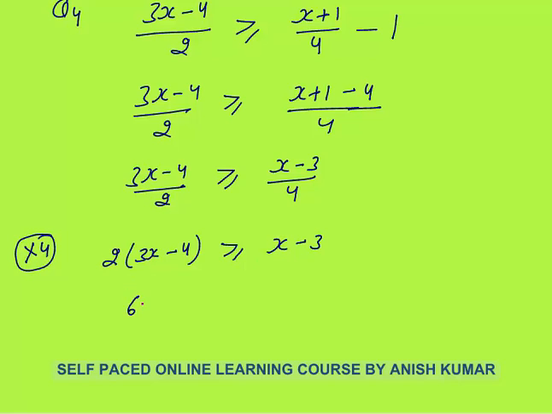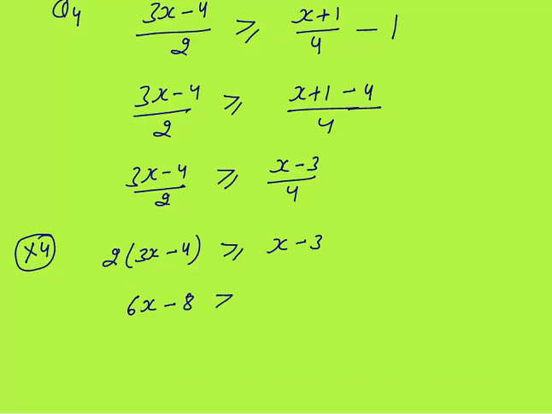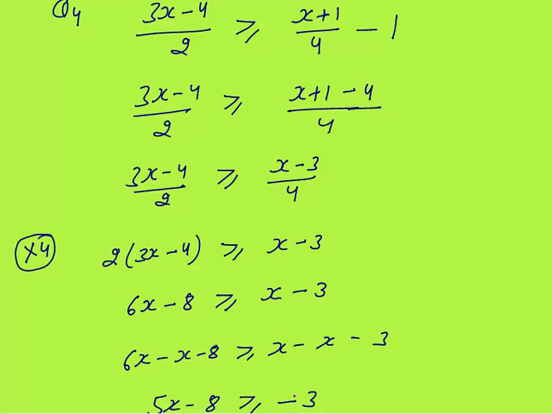Can I say this is 6x minus 8 greater than x minus 3. Subtract x both sides. 6x minus x minus 8, x minus 3. This is 5x minus 8 greater than minus 3.